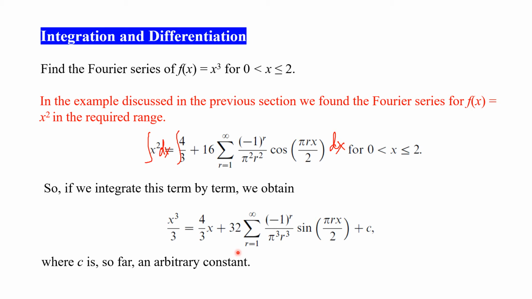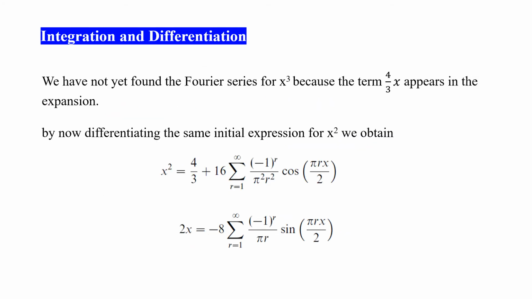But of course, we're not yet done because of this x term here. We have not yet found the Fourier series for x cubed because the term 4/3 x appears in the expansion, and we do not want this x term to appear in our series.